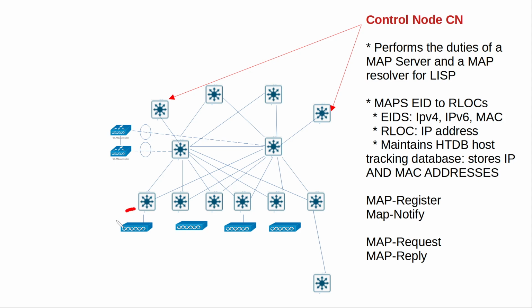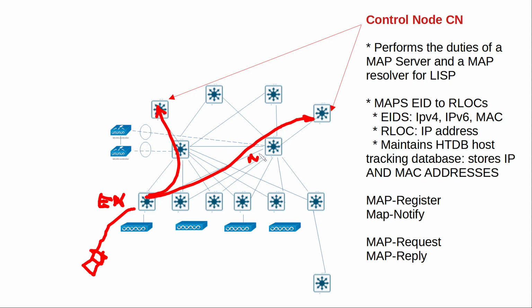When a device gets connected to an edge node, for instance, the edge node should notify the control nodes of this device's existence, and it's going to use a specific message in order to do so. It will have to notify all the control nodes in the network, and it will use a map register message.